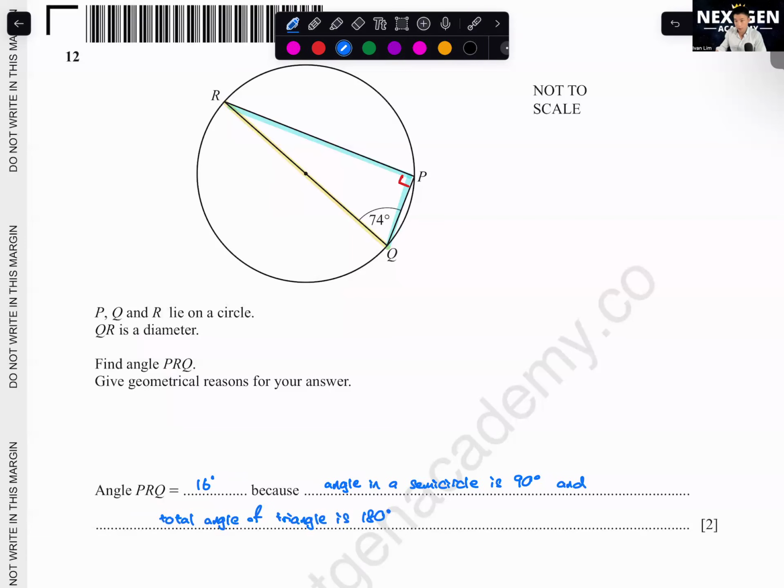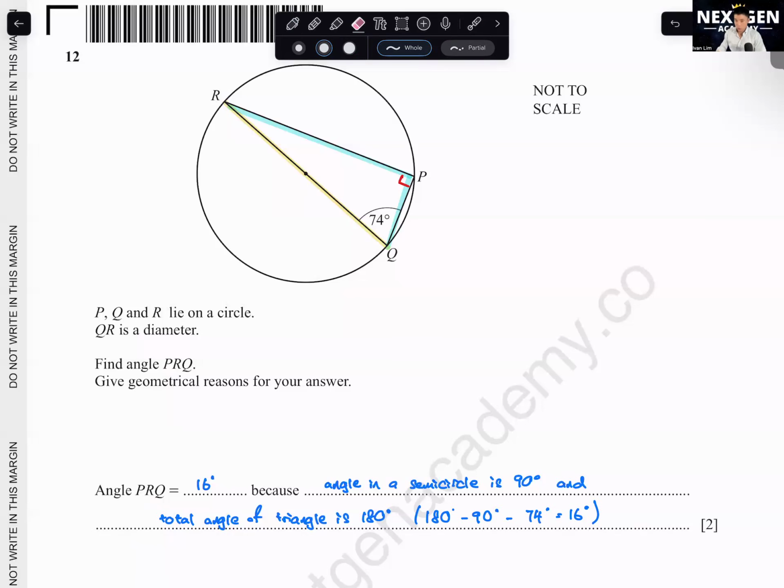For this second statement, you can also write down the working: 180 minus 90 minus 74, which is 16 degrees. Right angle triangle in a semicircle also can, as long as got the word semicircle. The angle in a semicircle.